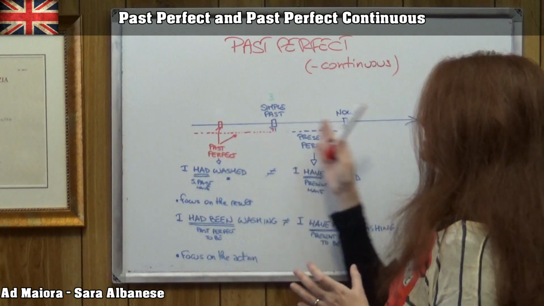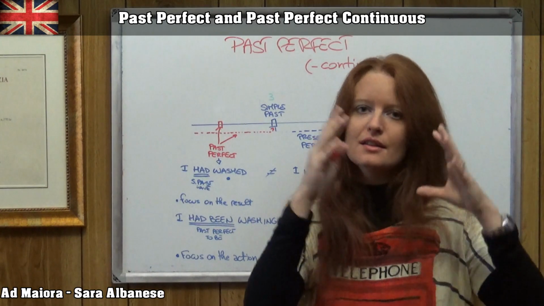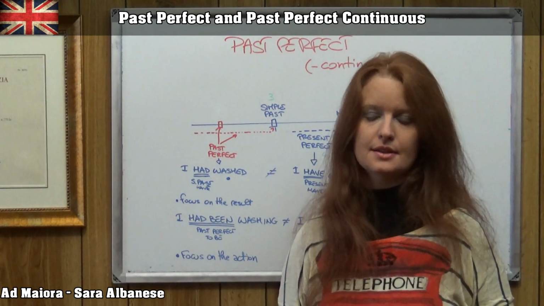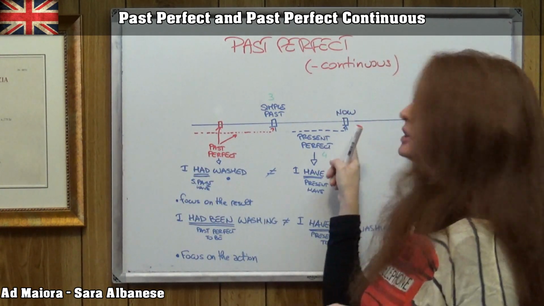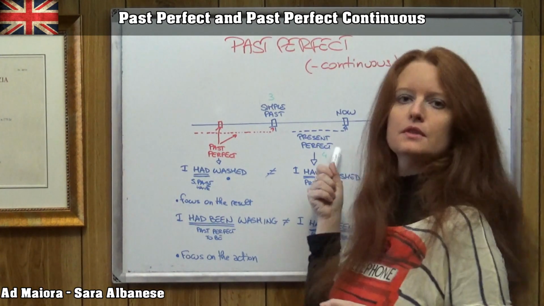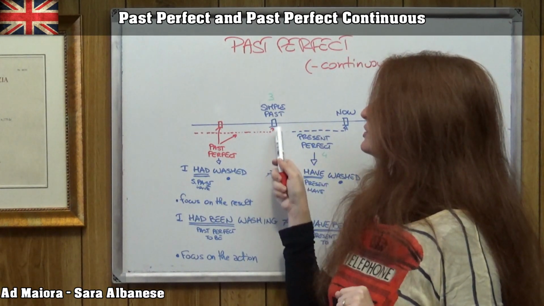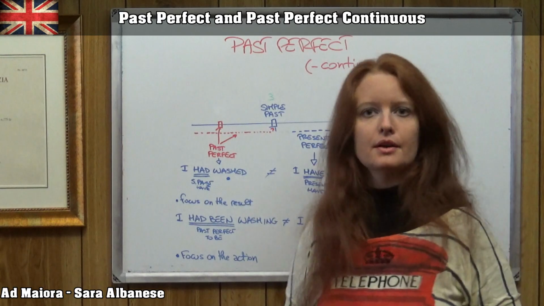This is obviously a very simple timeline. It expresses just the main ideas of the past tenses. So on this line we have this little square here, which is now, the present tense, at the moment I'm talking. As you can see, there is this other square here, which is the simple past.